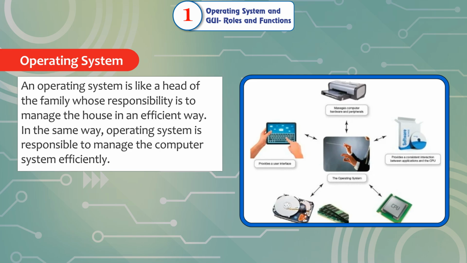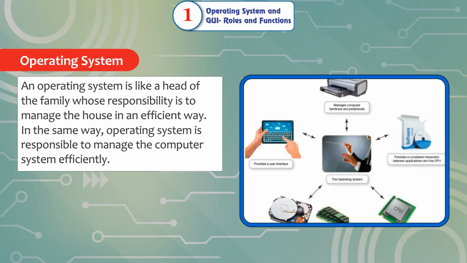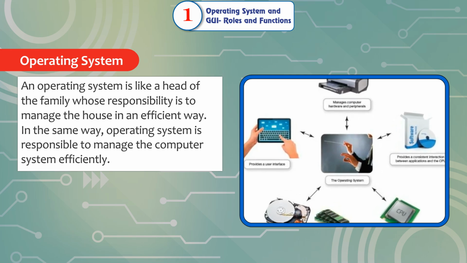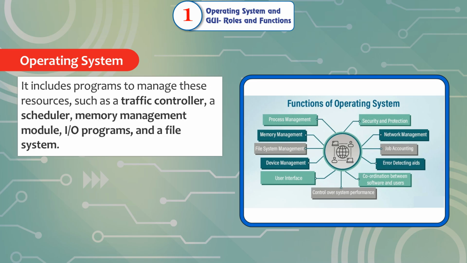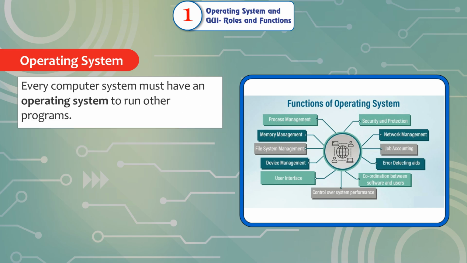In the same way, operating system is responsible to manage the computer system efficiently. It is also used to manage the computer hardware, like resources, by allocating them to the user or programs when needed. It includes programs to manage these resources, such as a traffic controller, a scheduler, memory management module, I/O programs, and a file system.